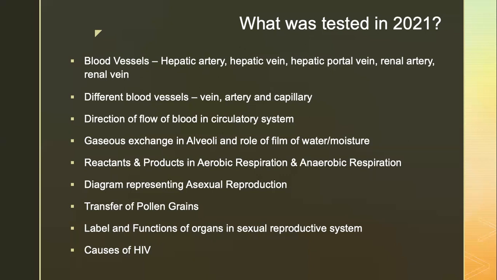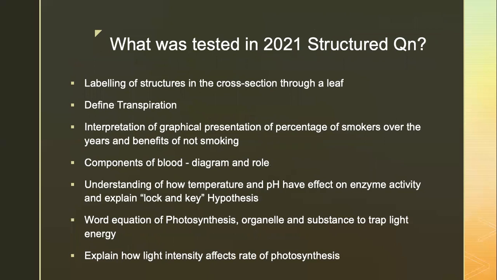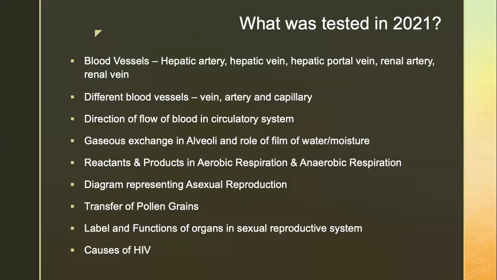A question on the causes of HIV was also assessed, where students were required to look at the graph and understand that when sterilized needles were introduced, the HIV cases dropped.